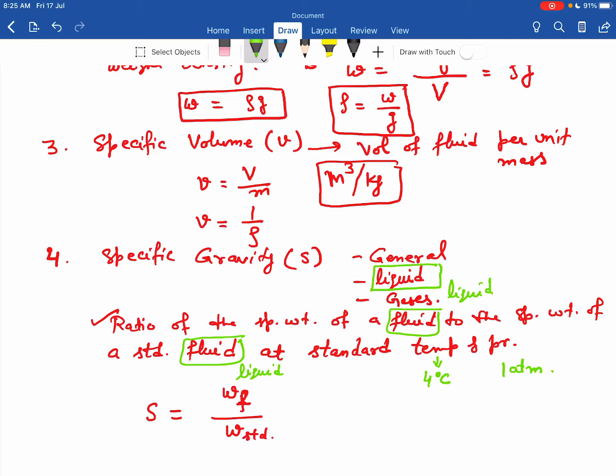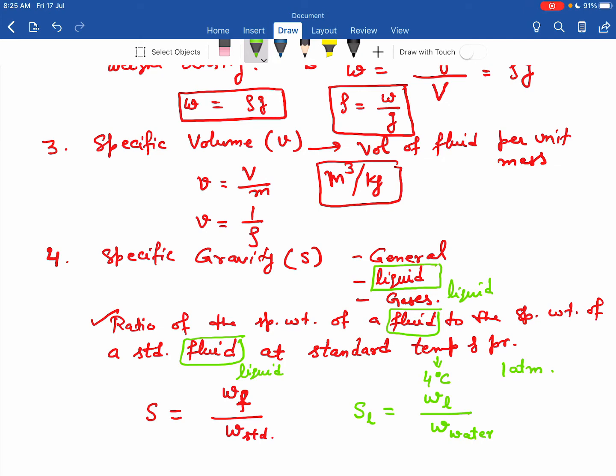So specific gravity of a liquid is specific weight of liquid divided by specific weight of standard liquid. Now standard liquid is water at 4 degrees centigrade and 1 atmospheric pressure.